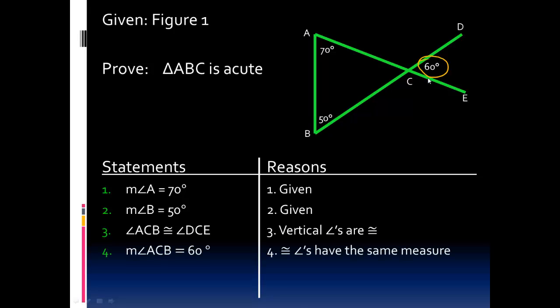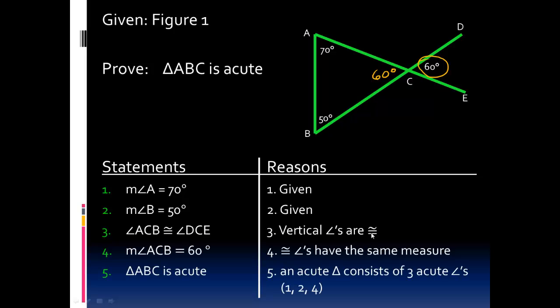Then we have to state that the measure of angle ACB is 60 degrees. We can say that now because congruent angles have the same measure. Now we can say the triangle ABC is acute because an acute triangle consists of 3 acute angles. So that's how you would use it in a proof.